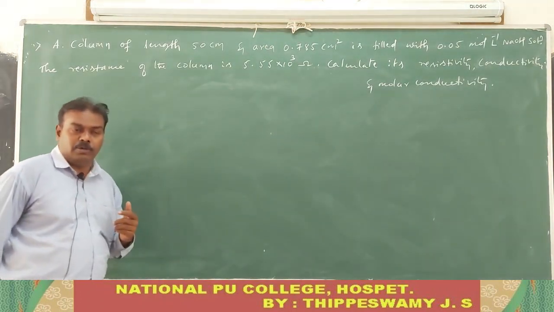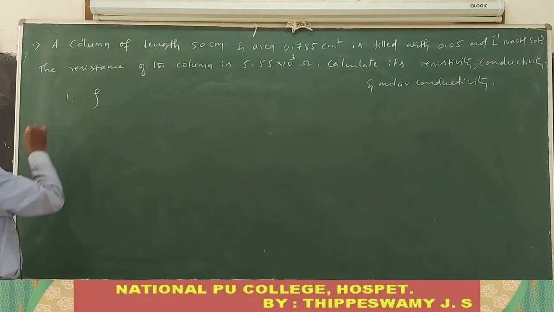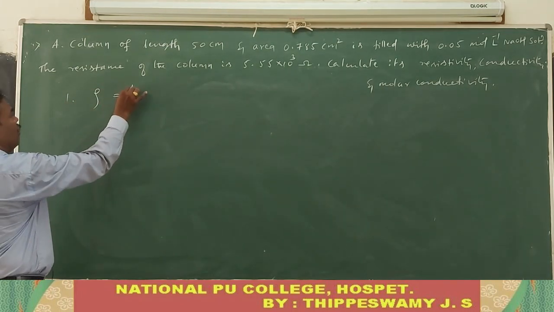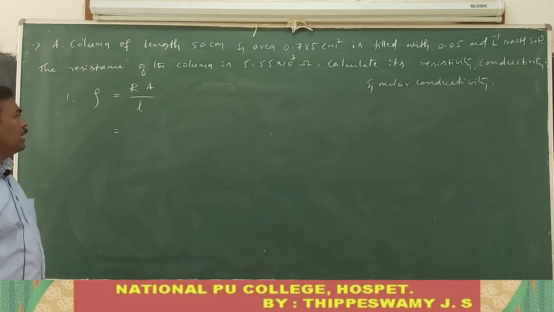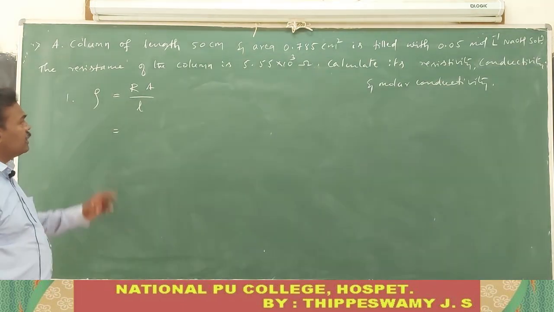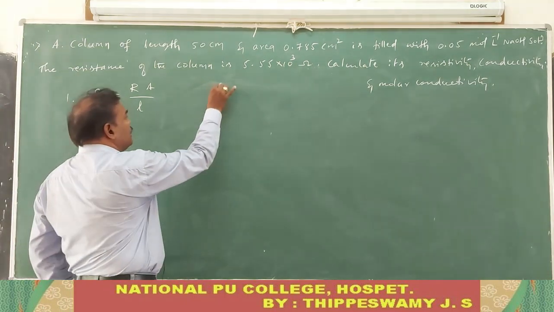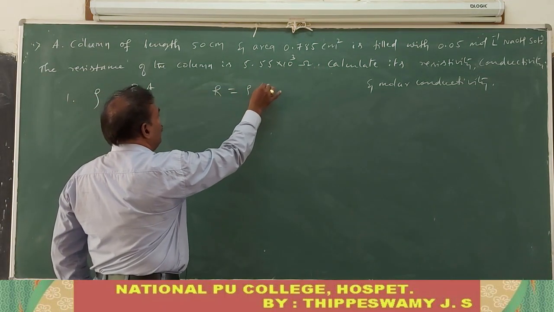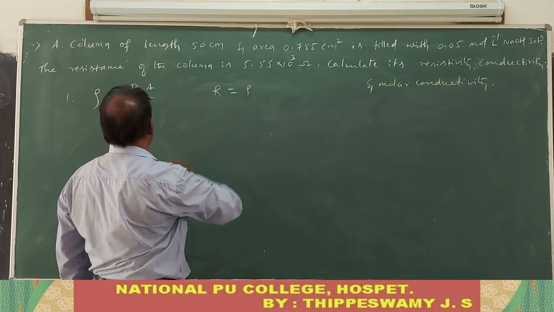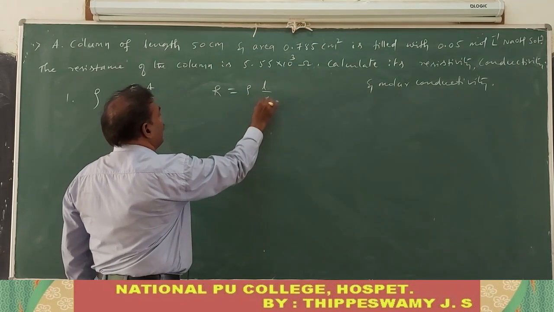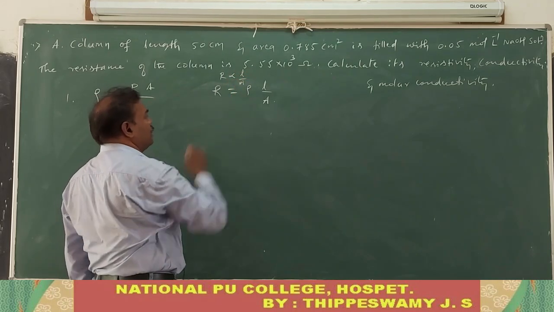What is resistivity? Resistivity is given by the notation rho. Rho is equal to R into A divided by L. We know that resistance is equal to rho into L divided by A, because resistance is directly proportional to length and inversely proportional to area of cross section.